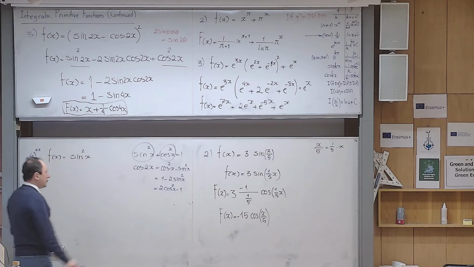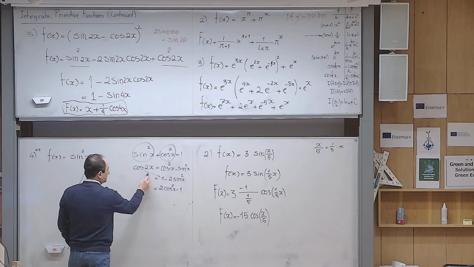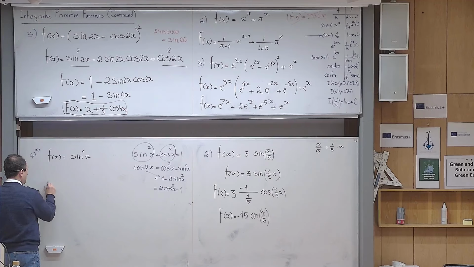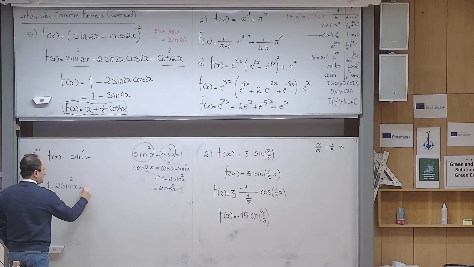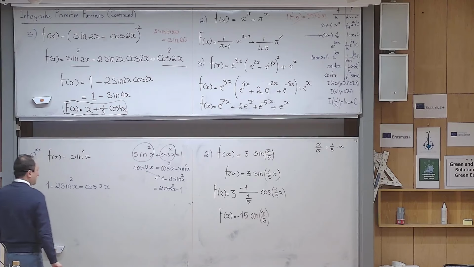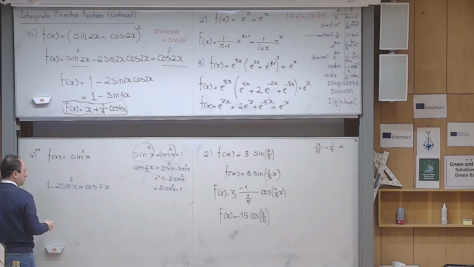Okay, so now I want to use this part. So what I will do, I would say that, okay, 1 minus 2 sine x squared is equal to cosine 2x. Yes? But I am looking for sine x squared. So what should I do? I move 1 to the other side.